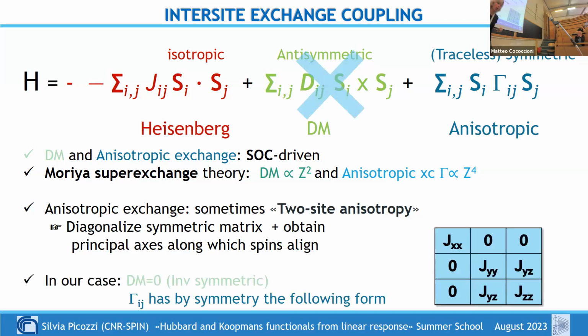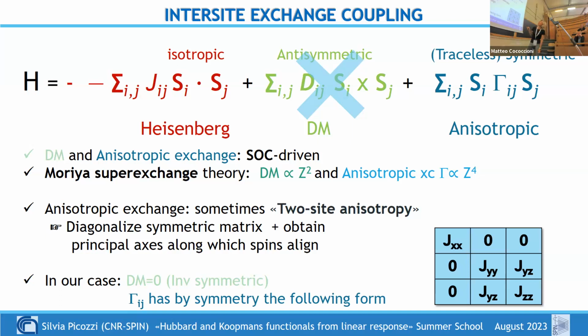Yeah, so this is called exchange. Symmetric exchange is actually often called two-site anisotropy, because it tends to align the spin along a certain direction. So in our case, we have inversion symmetry. And it can be shown that if you have inversion symmetry in your system, the Dzyaloshinskii-Moriya term is 0.